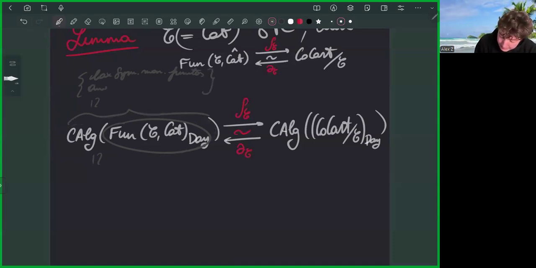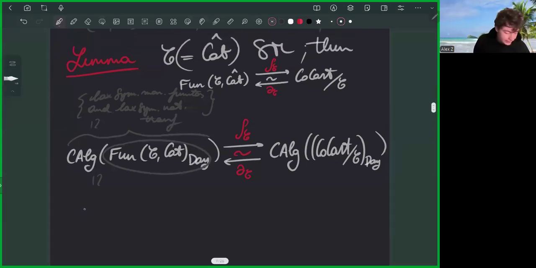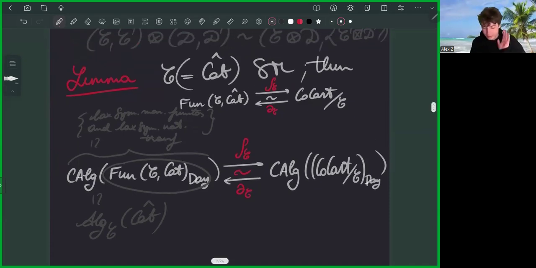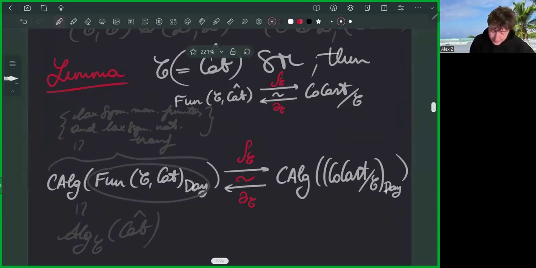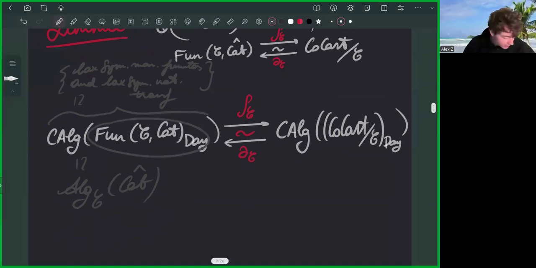And the morphisms are Lax symmetric monoidal natural transformations. Okay, so this is the left-hand side, and this is some result in higher algebra. I forgot the number, but we can talk about it later if someone wants to know.